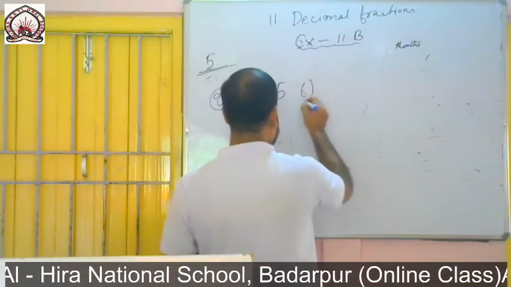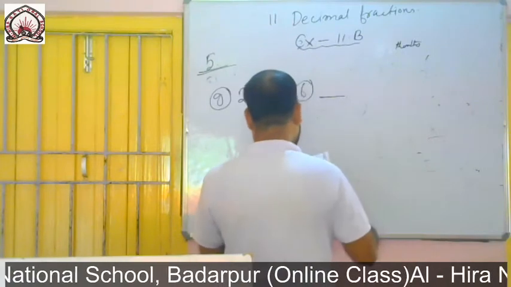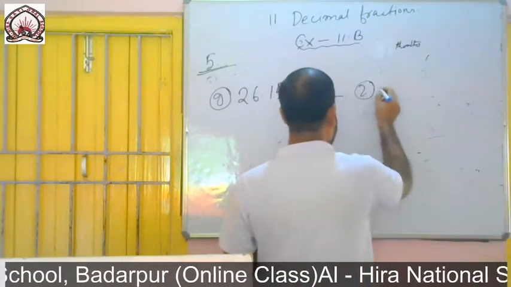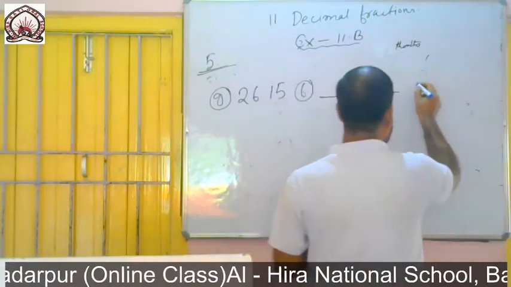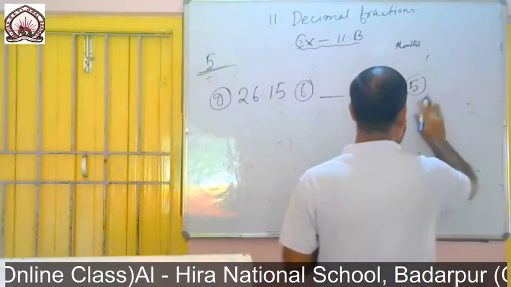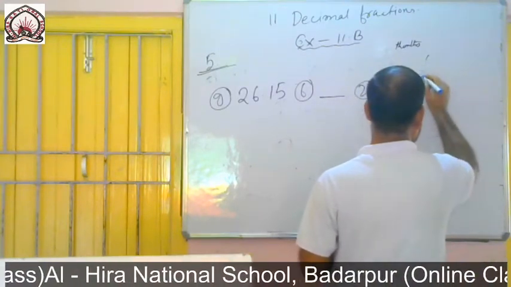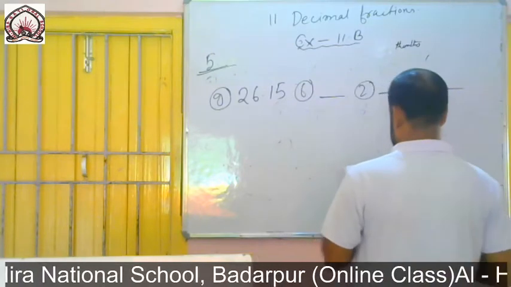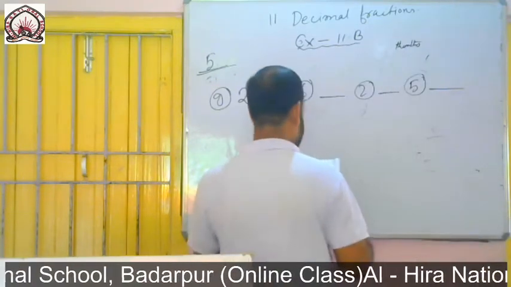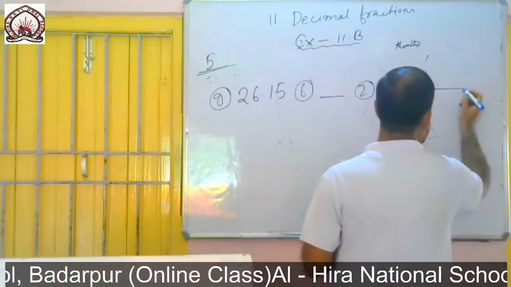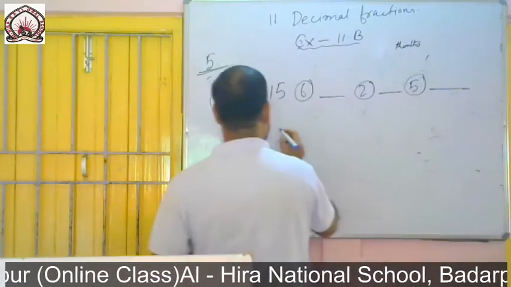We take out the place value of 6, 2, 5, and 1.